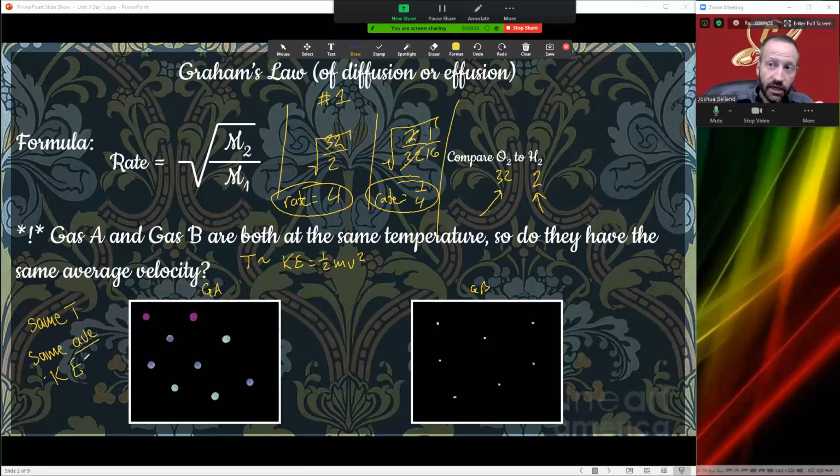I would know what AVE means, and I would know what KE means. You might, for the half second longer that it takes to write out the word average, you might write that. Okay, whatever. Same temperature, same average kinetic energy. What do I see of gas A? The mass is larger. What do I see of gas B? The mass is smaller. So what do I know about their velocities?